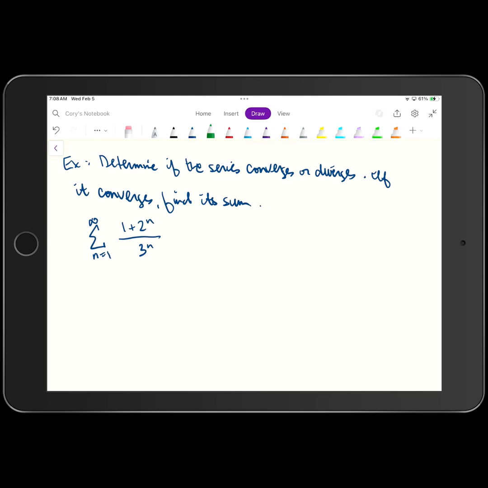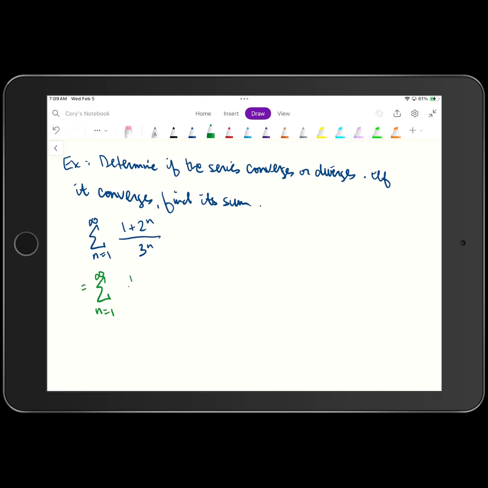Now, written in this format, this is not a geometric series, but I can manipulate this formula to make it a geometric series. I can do that by separating this fraction into two fractions, and I'm going to take the sum of each fraction.